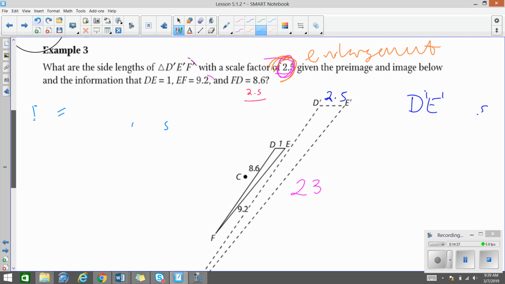And you can always pause the video, go back and look at it. And then here we go, last one, F prime, D prime. You take FD, multiply by 2.5. So 8.6 times 2.5, and you're going to get 21.5. That's what you get when you multiply by 2.5. Boom. And that's what your side lengths are.